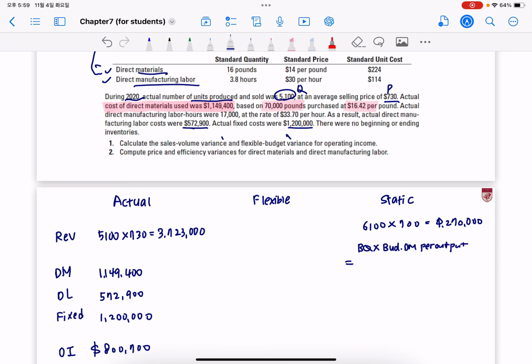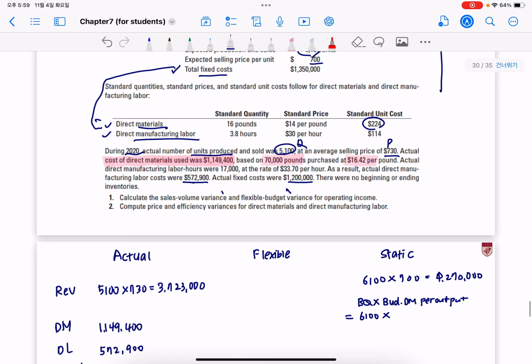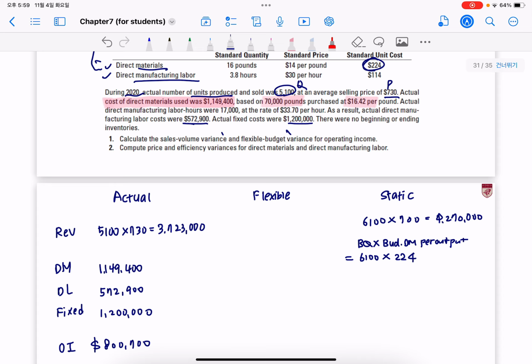So the budgeted output quantity is 6,100, and the budgeted direct material per output is given right here as 224. So that's going to be 1,366,400.